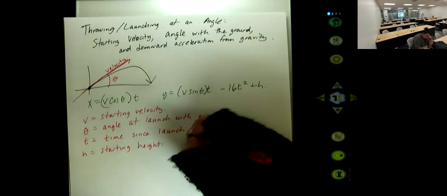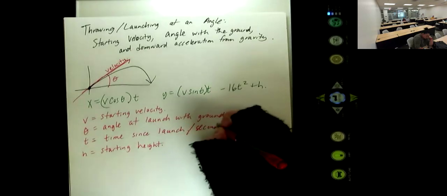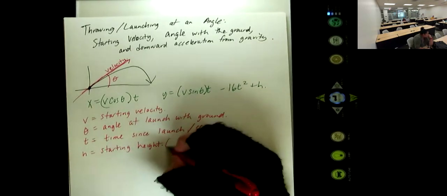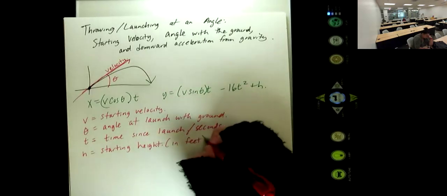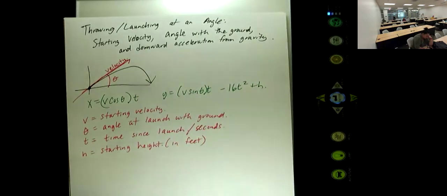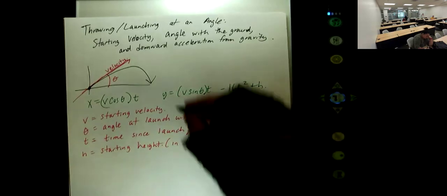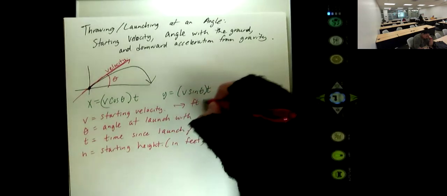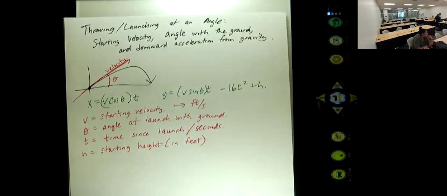Time since launch is in seconds, and starting height is in feet, so starting velocity has to be in terms of feet per second. So t is like delta t, or elapsed time.